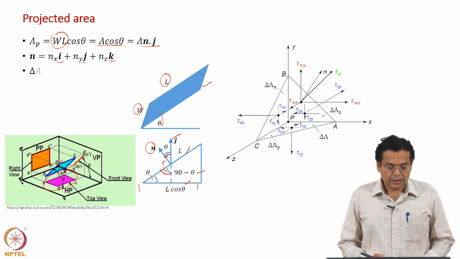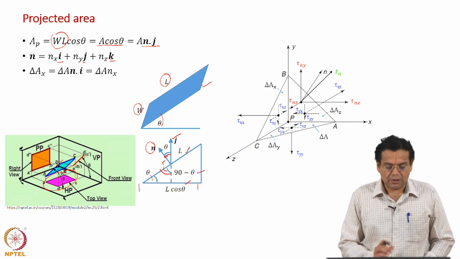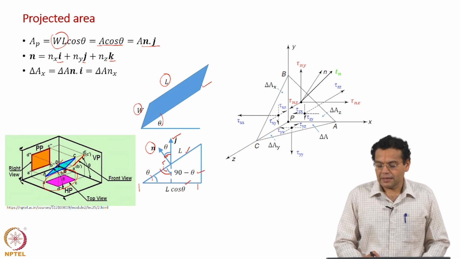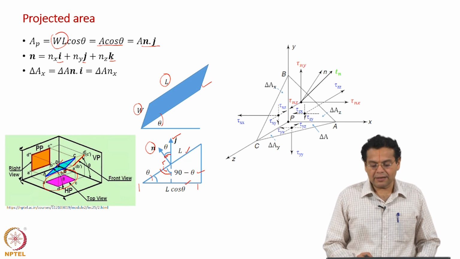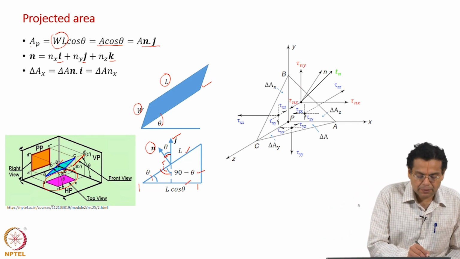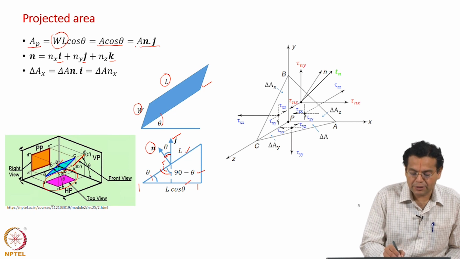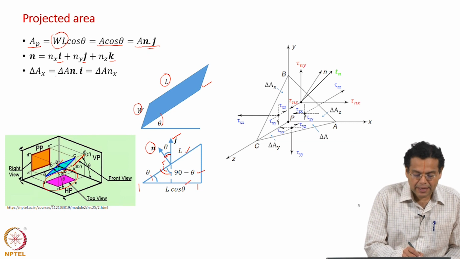Using this, for a generic area, we will now do this for our tetrahedron. We have seen that delta Ax represents the projection of delta A on the x plane, which means that if you apply this formula, A_P equals A into n dot j, for delta Ax it is the actual area multiplied by n dot i.